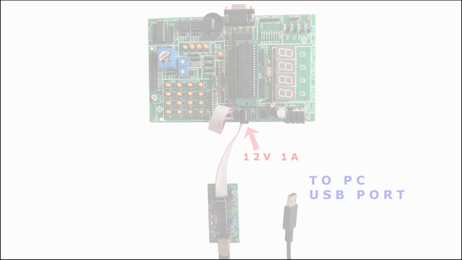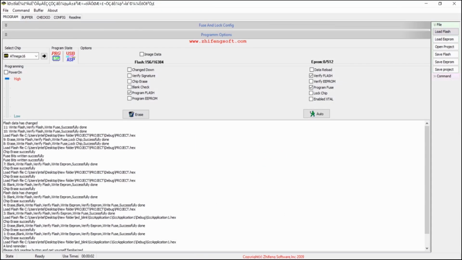Once you have done this, open the Program ISP software and choose the microcontroller required in Select Chip drop-down box. Then after that, you just want to check this Program Flash checkbox and then check this Program Fuse and Verify Flash checkbox. And then you just want to set the clock to external crystal oscillator in the fuse bits configuration.